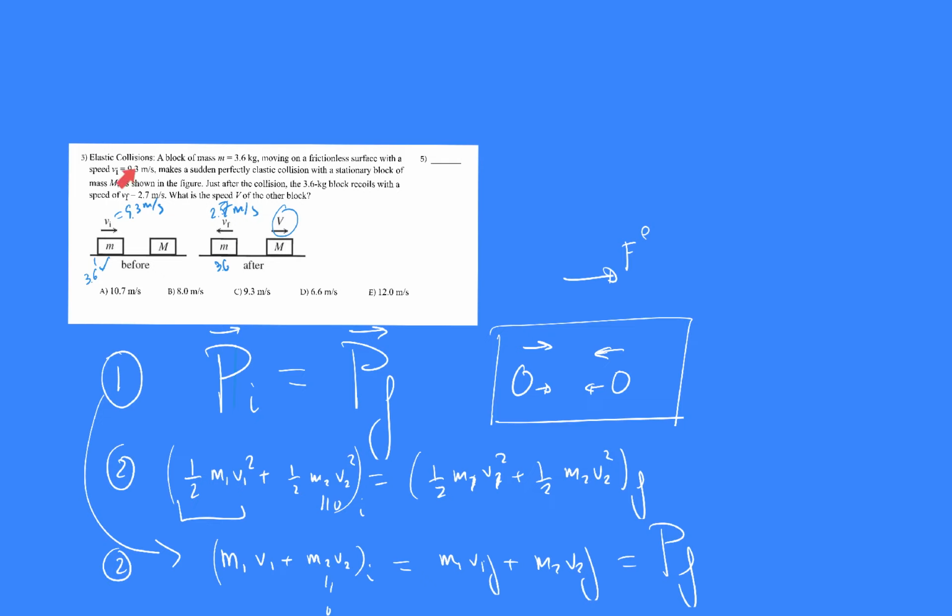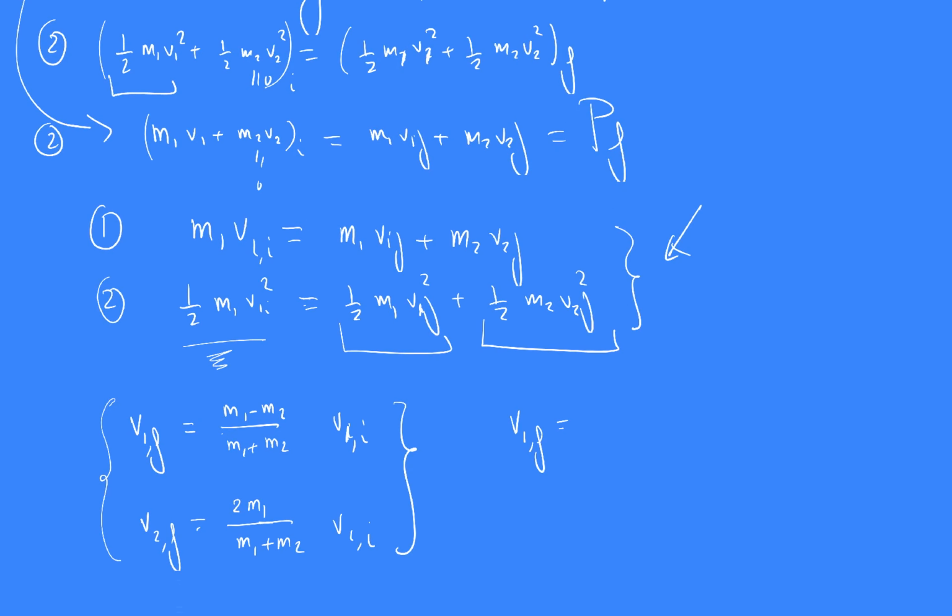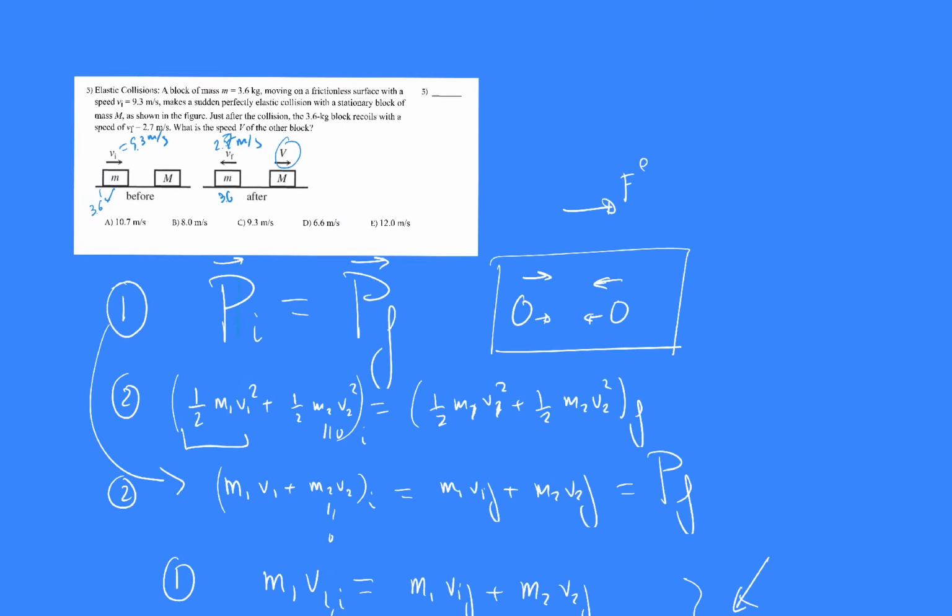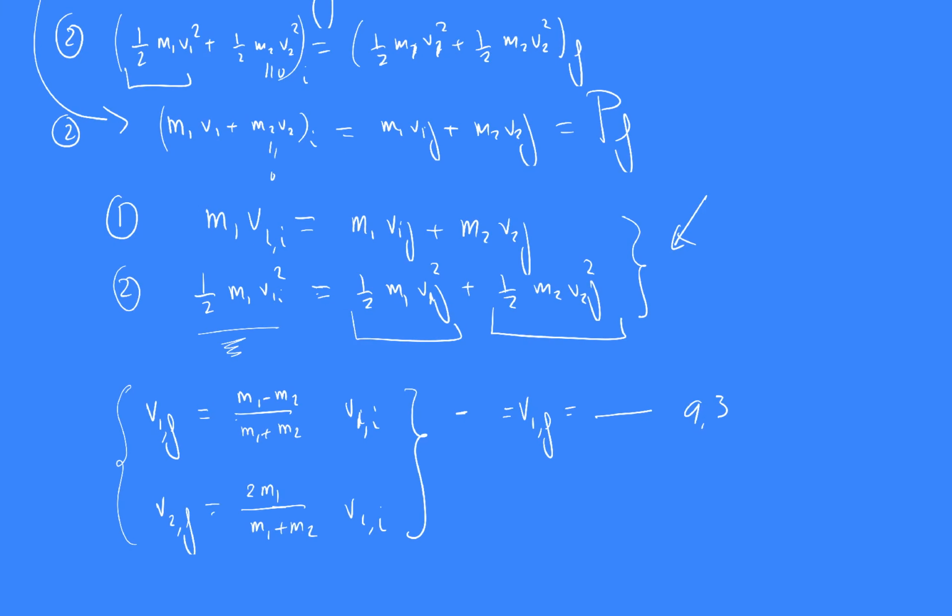Here it says the initial velocity is 9.3, and the final velocity is minus 2.7 because it says that it recoils. So I will write 9.3 for the initial velocity, and m1 plus m2, and v1 final is minus 2.7.